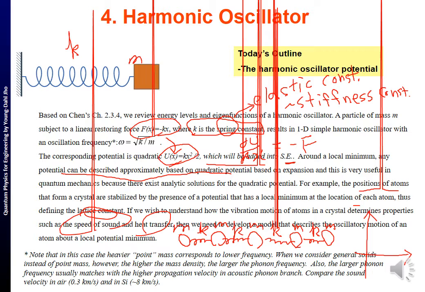But when you consider speed of sound, heat transfer based on phonons, you will actually consider the dispersion between energy and wave number of phonons. So for the sound, you can draw this dispersion between energy and k. Then it is linear.